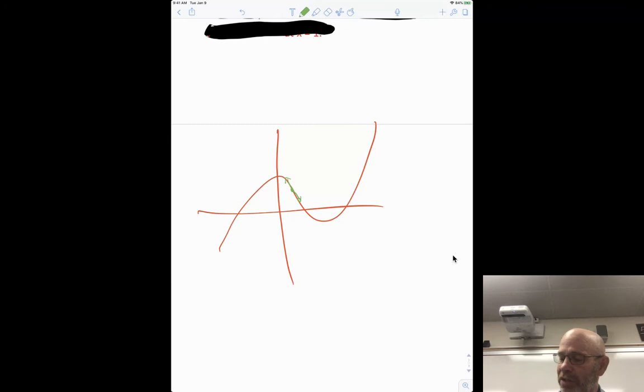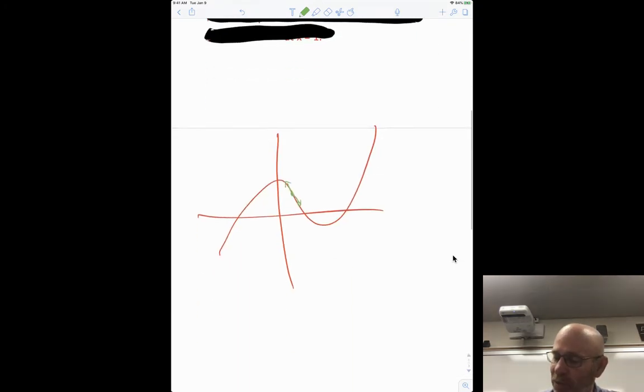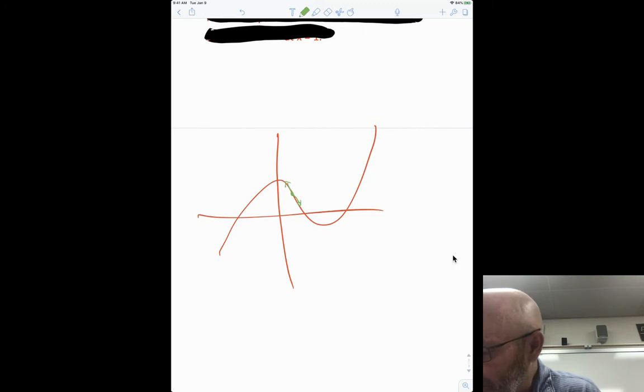I'm going to try to draw a quick explanation of why this works. Let me start over and draw another little picture. We'll go green.